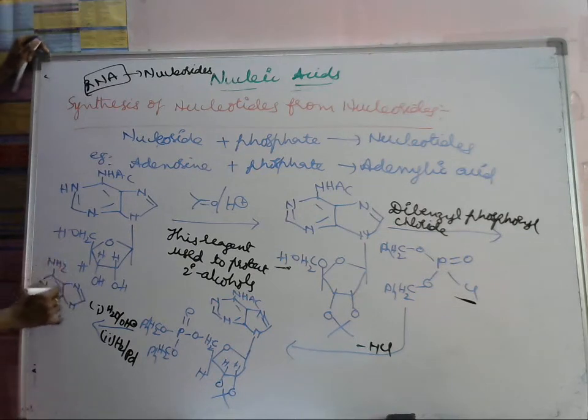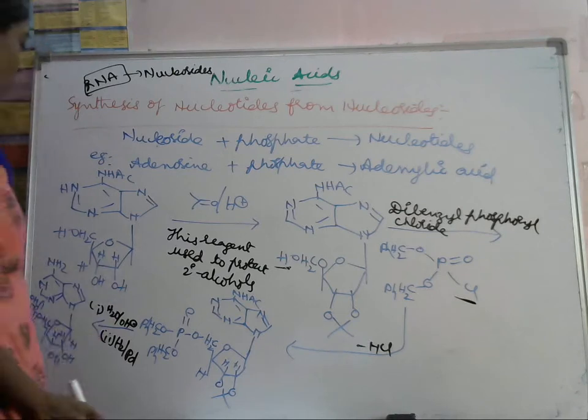It will be converted into NH2, and we have OH here, OH here, H, H, H. Next we have O, then CH2, O, P double bond O, OH. So this phosphate group is there. This is called adenosine monophosphate.